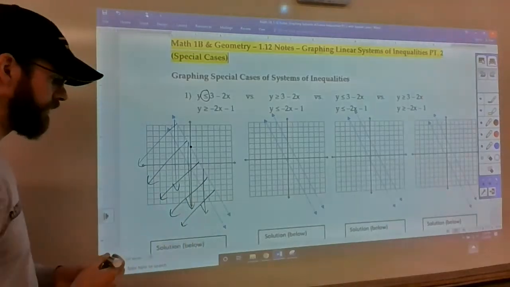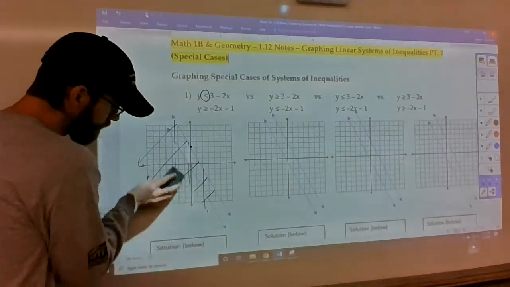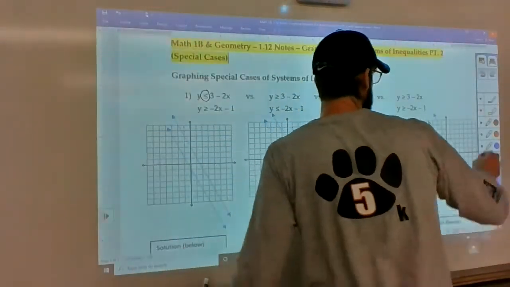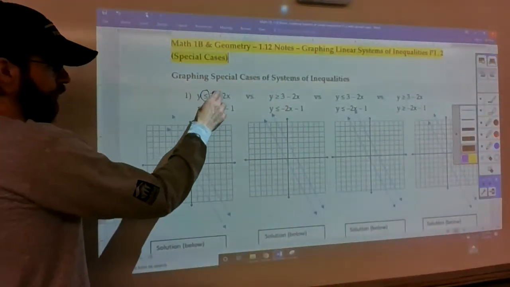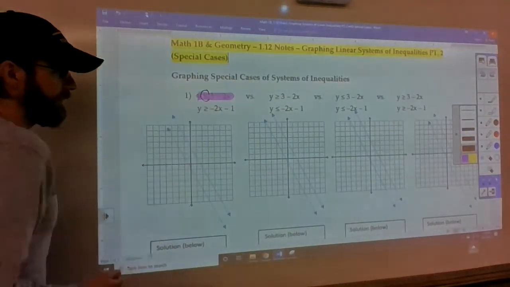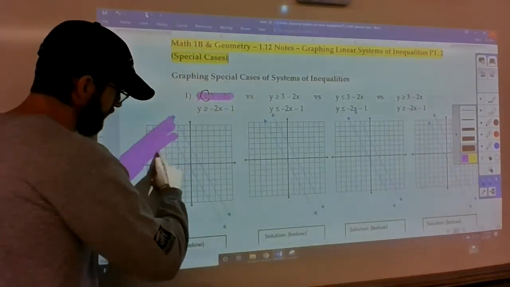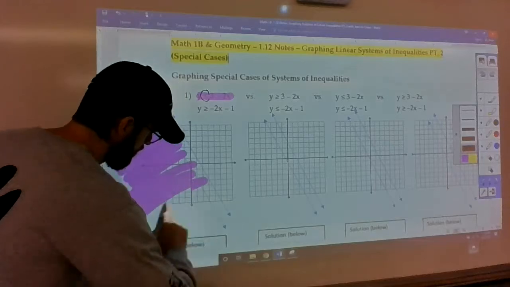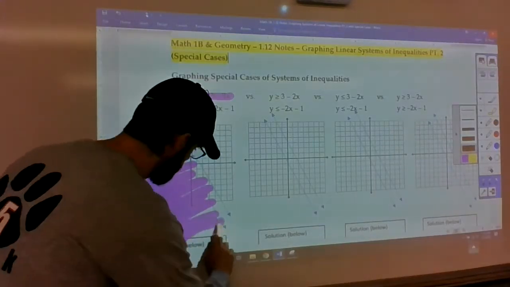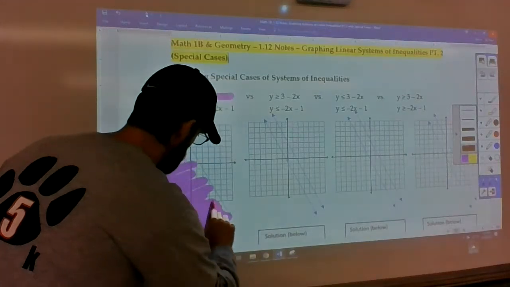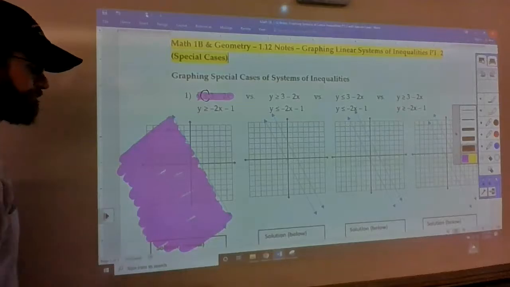If I were to use the actual grid shading, we'll just make the top one this color every time. Everything out here is this pinkish magenta color that we can see through. Everything below this line.